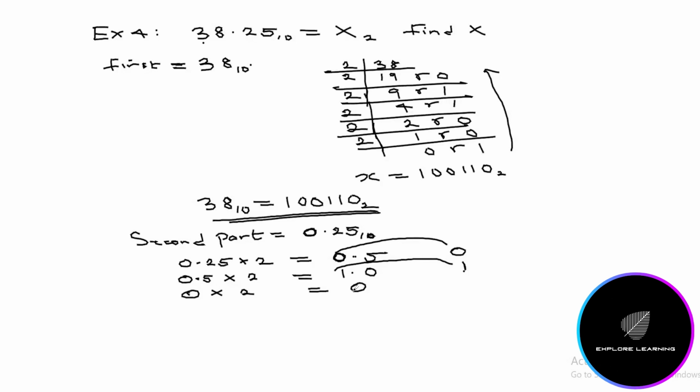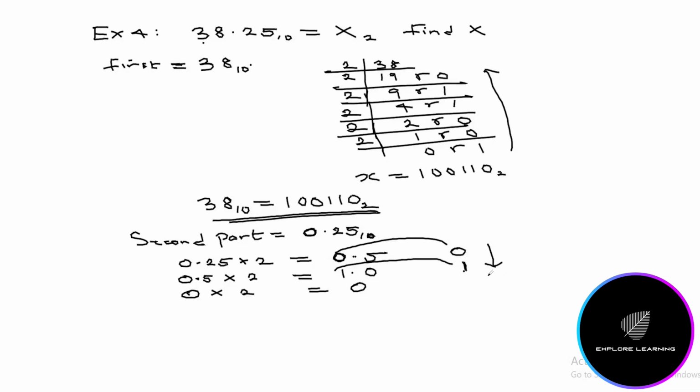So there are two conditions for you to stop the operation. When you get an output of 0, or when you have a repeated value over and over when you perform the operation. At that point, you just have to stop because it will never converge. So in the case of multiplication, we need to consider the values from top to bottom.